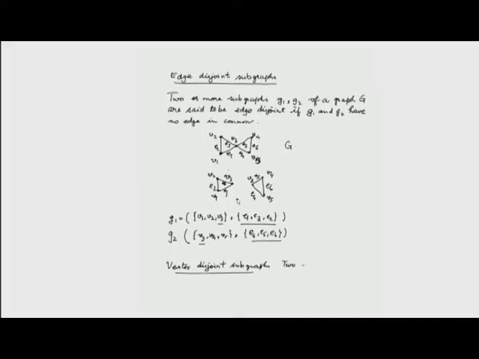Two edge disjoint subgraphs are said to be vertex disjoint if they do not have any common vertex.